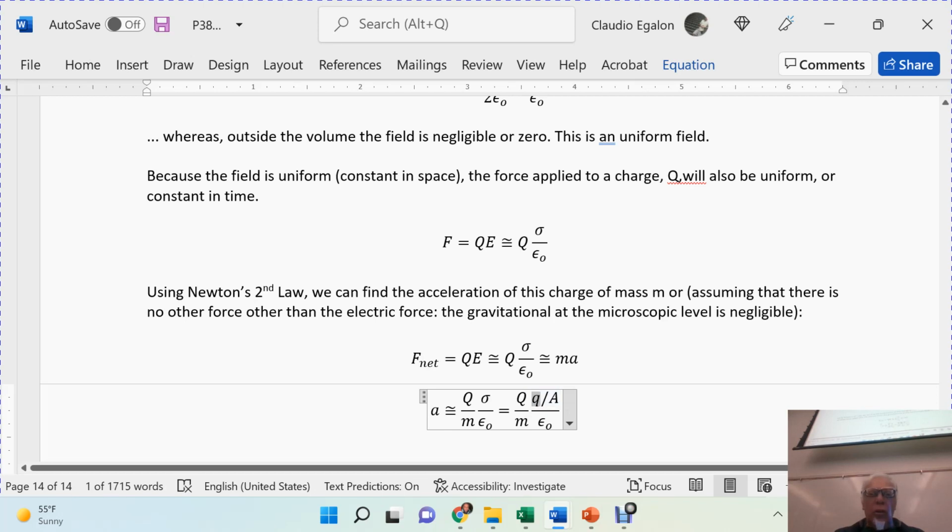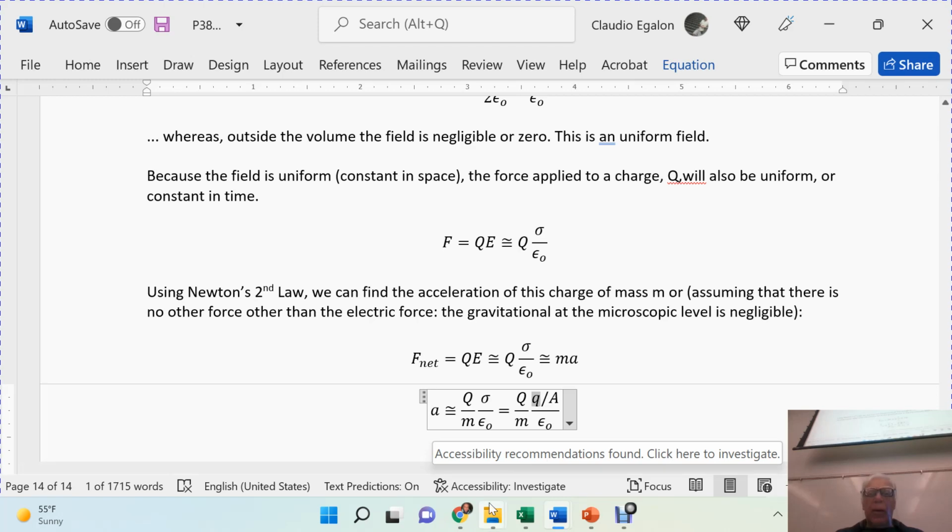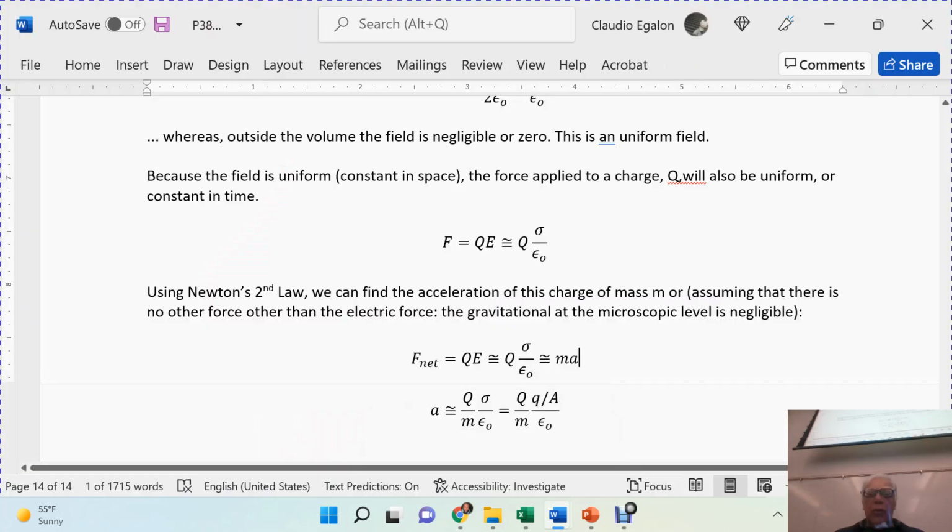Here is the charge that's generating the electric field, which is the charge of the plate. And the acceleration is something like that. It's a uniform acceleration because this charge doesn't change, the mass of the particle doesn't change, the area of the plate doesn't change, and the epsilon naught is a universal constant.